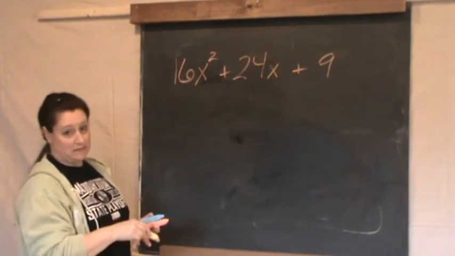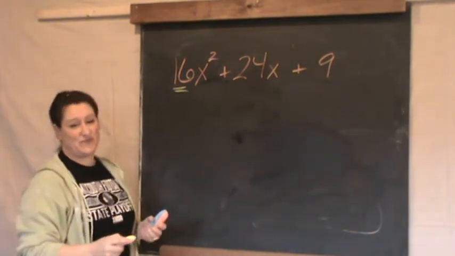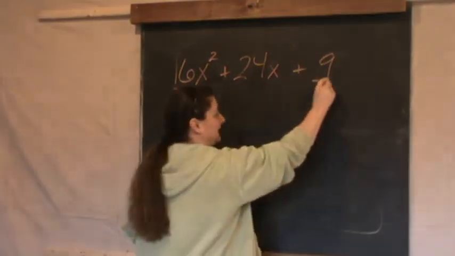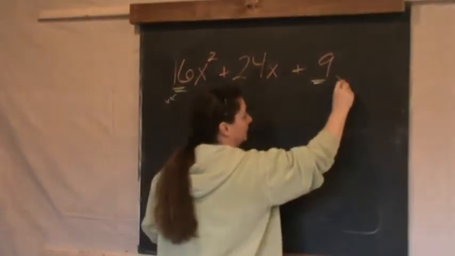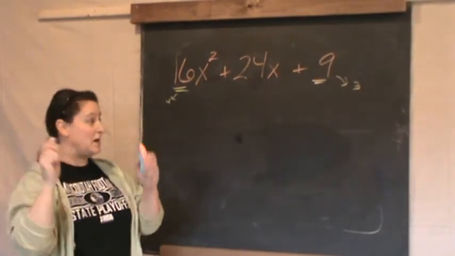16, 24, and 9. Nothing in common. 16, perfect square, right? Square root of that is 4. 9, perfect square. Square root of that is 3. Both ends are perfect squares.